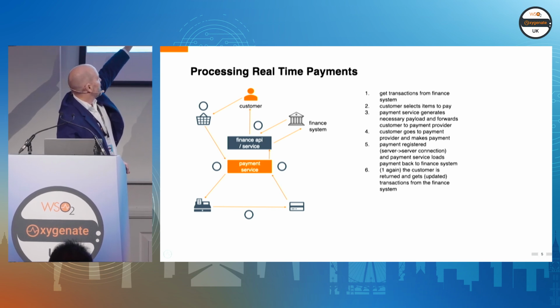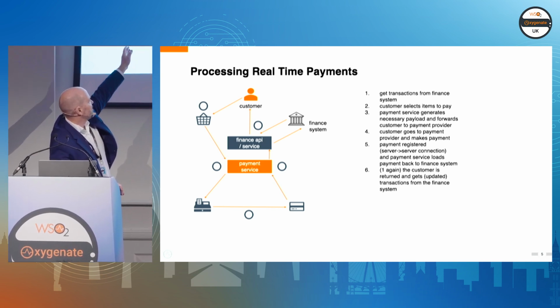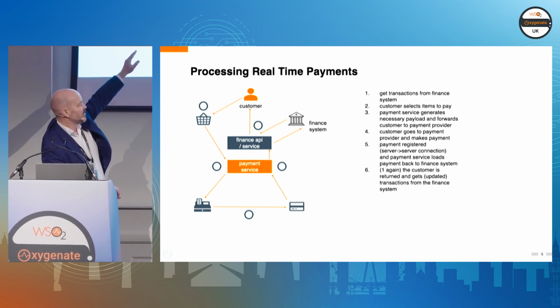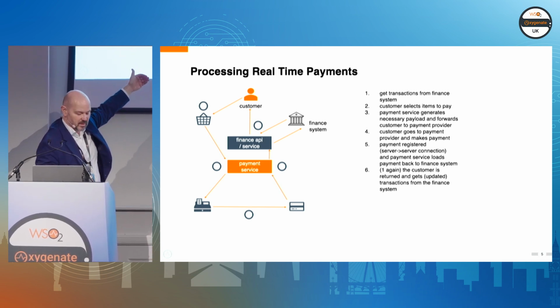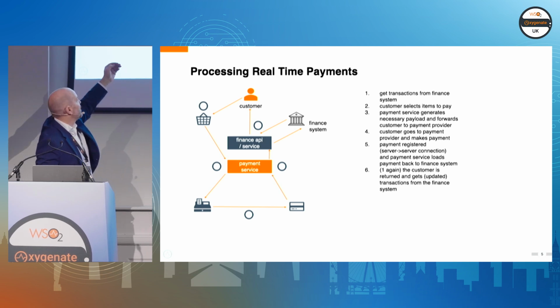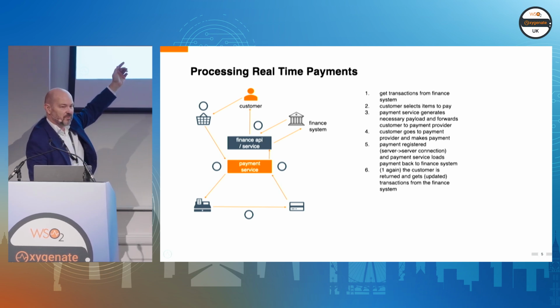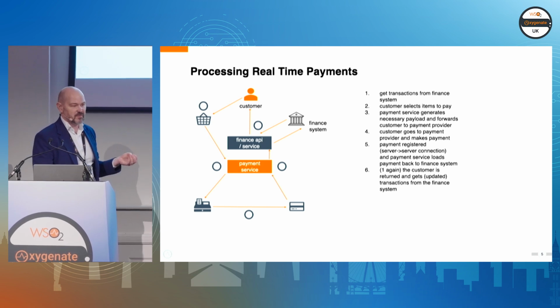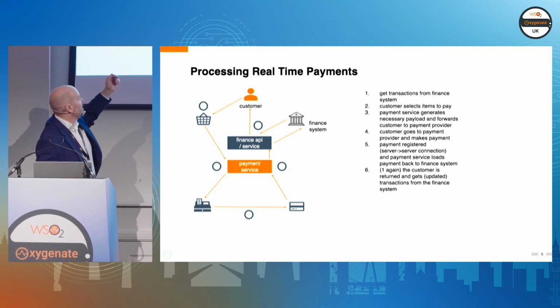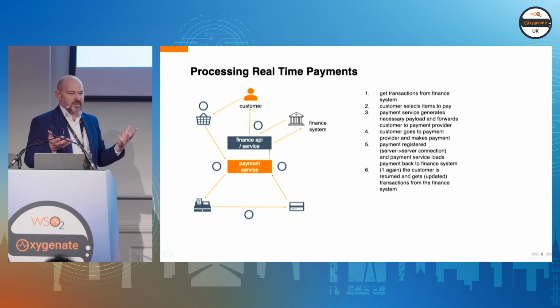So our finance API is dealing directly with the finance system. When the customer comes into an application, they're retrieving their data from the finance system through that API, and they get the data specific to them.